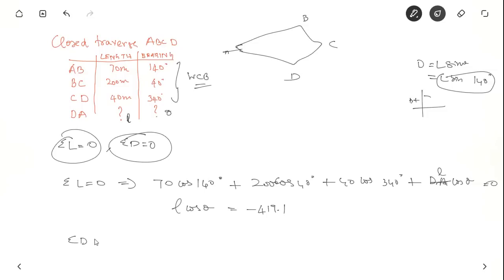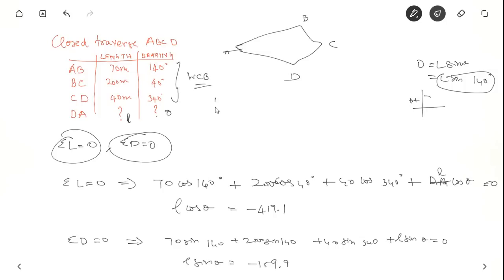Similarly, you should solve for sigma D equal to 0. That is 70 sin 140 plus 200 sin 140 plus 40 sin 340 plus L sin theta equal to 0. If you solve this, you will get L sin theta as minus 159.9.